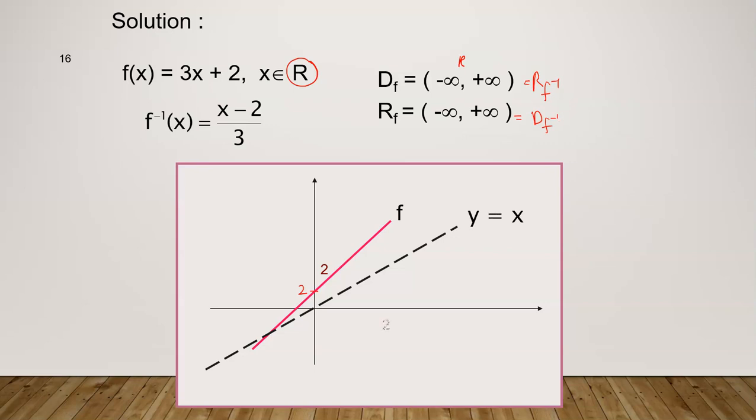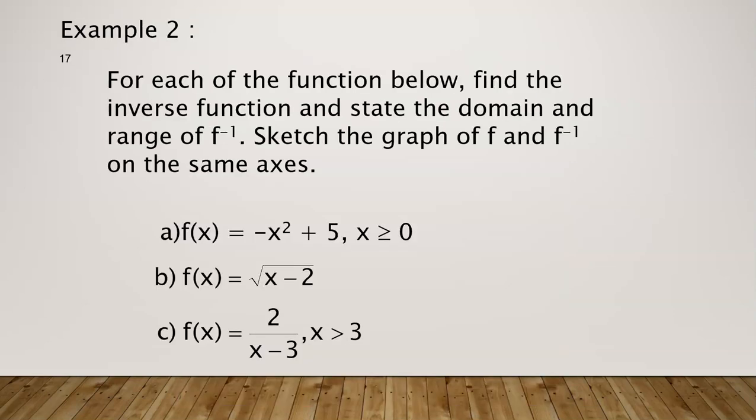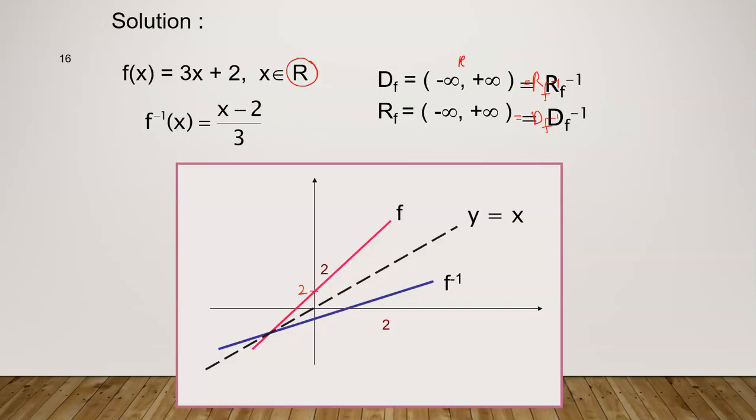So this is the graph of y equals x. Can you see it is reflecting across y equals x? So that is your f inverse. Okay, very easy, you just reflect across y equals x.